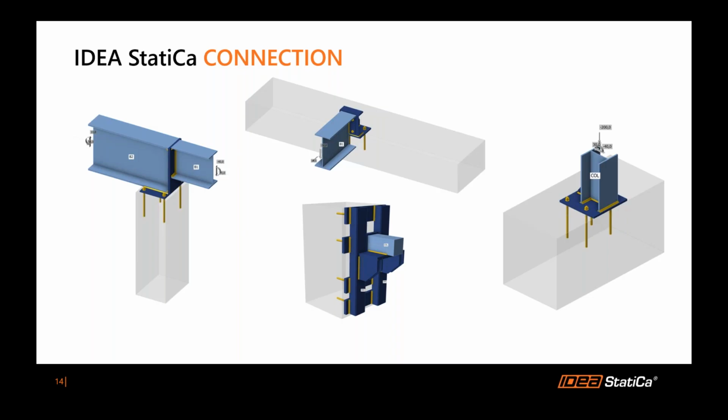In StatiCa connection, you might deal with anchoring close to the edge or multiple groups of anchors, and receive the failure of anchors, and that is due to the plain concrete.